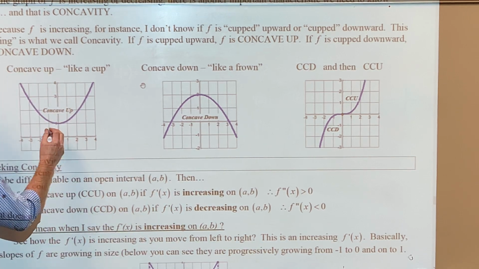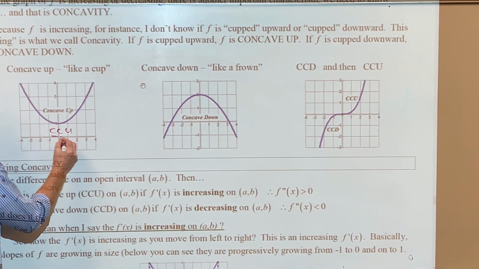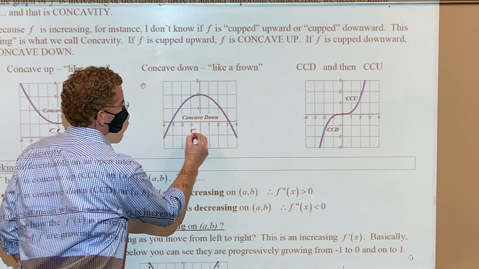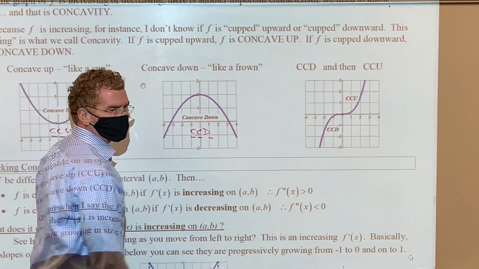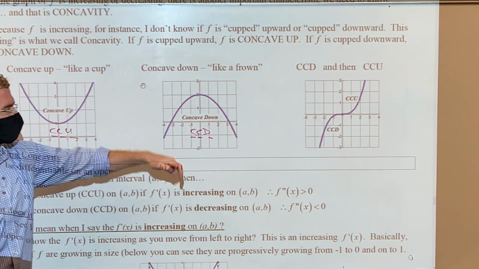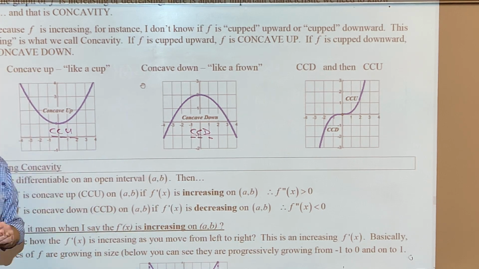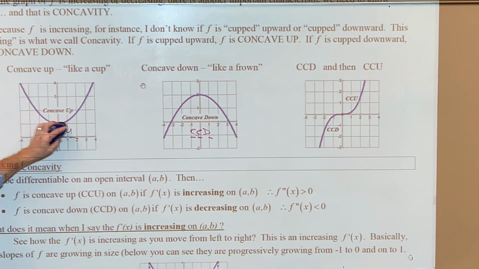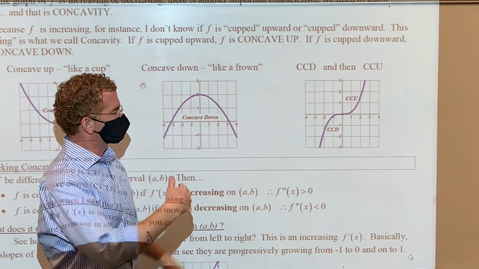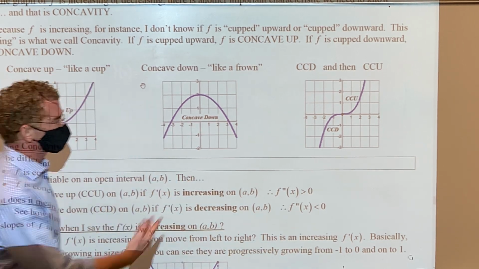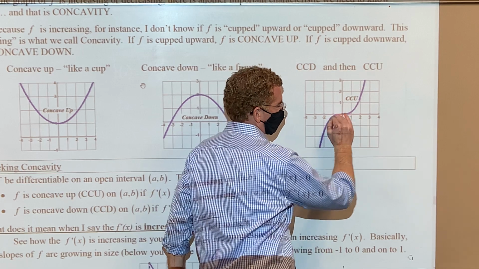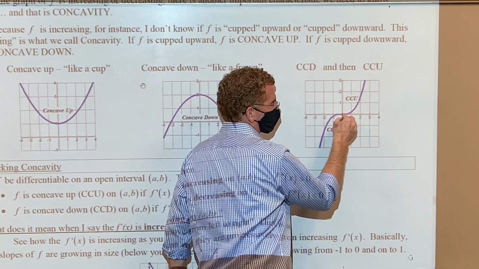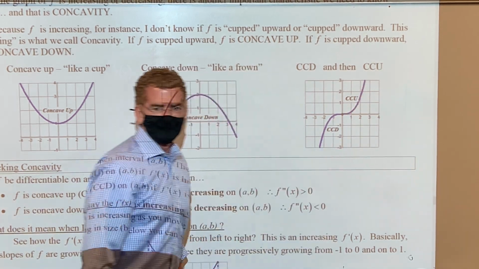I'm going to label this CCU if it's concave up, or CCD if it's concave down, but you're welcome to put CU, CD. This is just the way I learned it, and it's kind of in my brain that way, but I have seen other calculus teachers just call it CU or CD. And you can see this one's both, right? Concave down on part of this, and then it switched and became concave up.